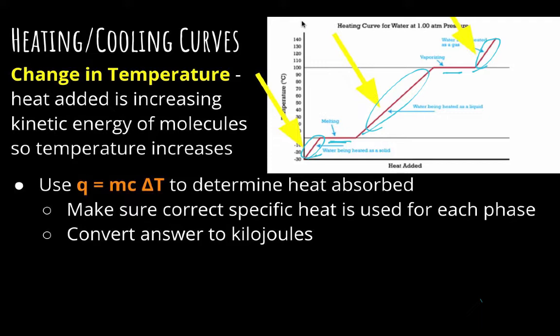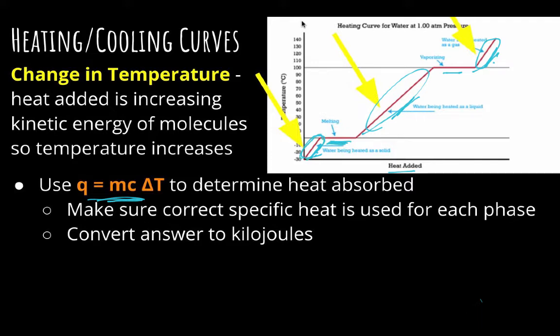If it's a point where the graph is slanted and the temperature is increasing, you're going to use Q equals MC delta T. At that point, when you have a heating curve or a cooling curve, heat is either being added or removed constantly. So heat is still being added even when you get to these flat lines, and we'll talk about what that means in a second.